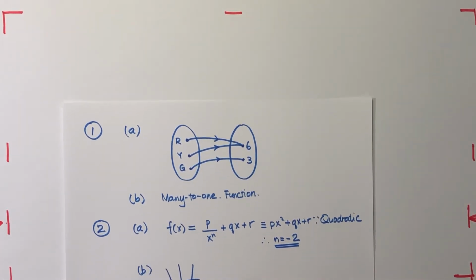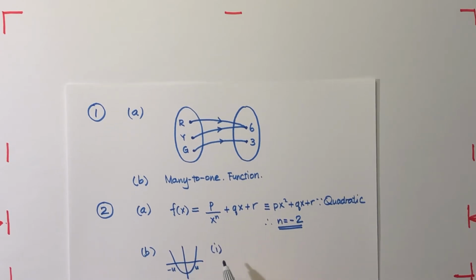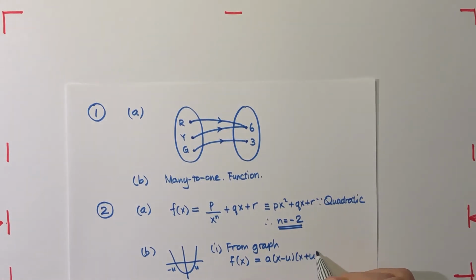For the second part, we are given a graph, and we can say that for the graph, the equation for the function is some constant a into x minus u, x plus u. x minus u for the root here, and x plus u for the root here, and some unknown constant.